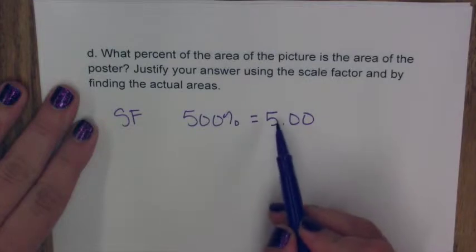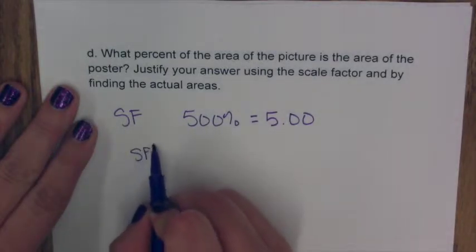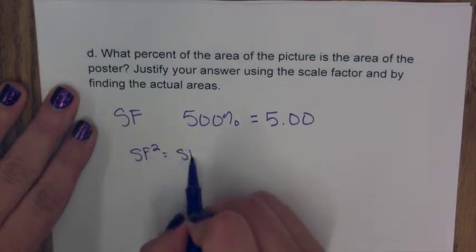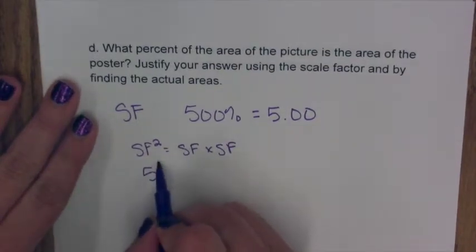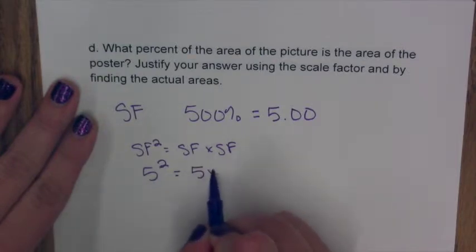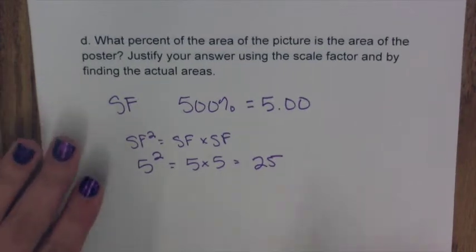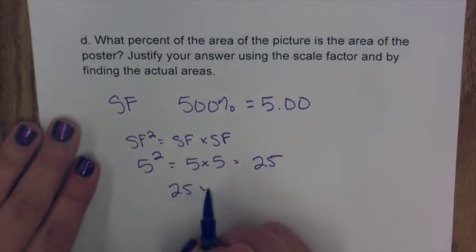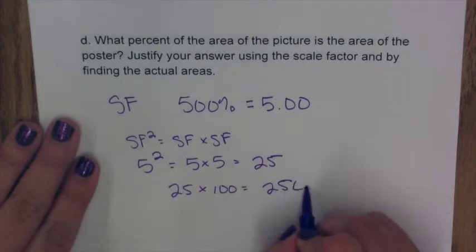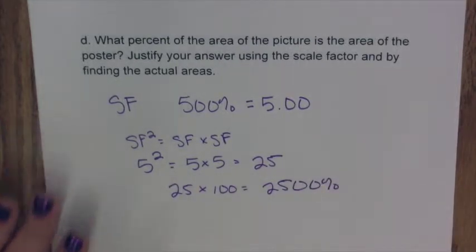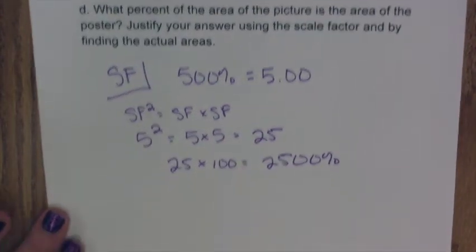So then we're going to take our scale factor and square it. So we're doing scale factor squared, which means scale factor times scale factor. So 5 squared, so 5 times 5 is 25. And then we need to change that to a percent. So times 100 would be 2500%. So this is using our scale factor.